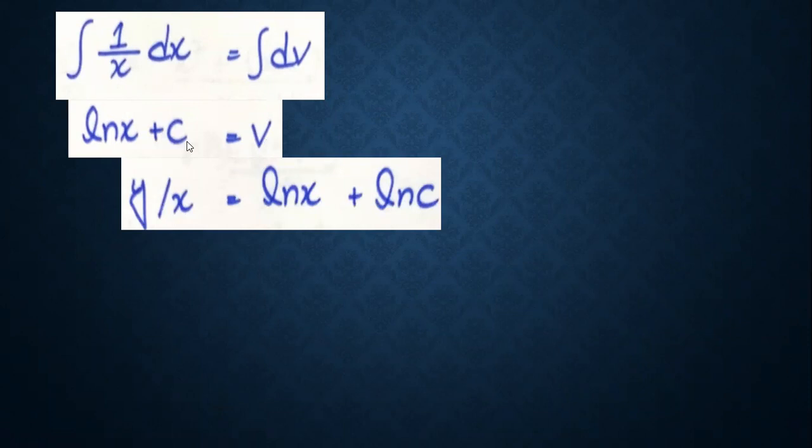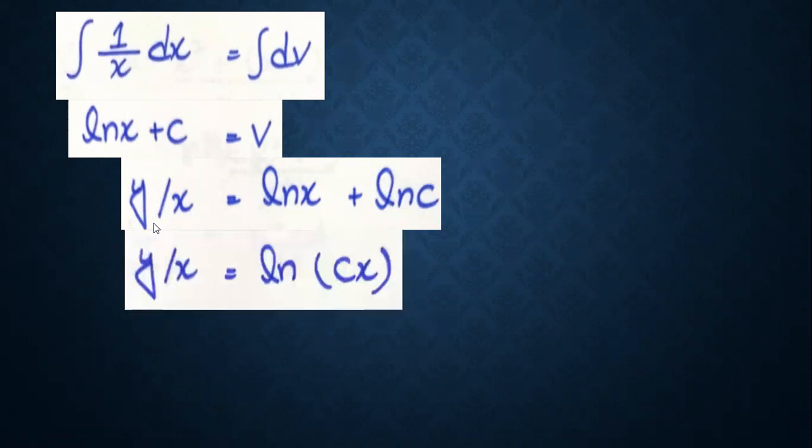To find the exact value of this c, we would need to know the initial conditions, which are not given in this problem. If we call it natural log of c, it will not matter, but we need to find the exact value of c so that it satisfies the equation. Here our objective is to find y, the output.